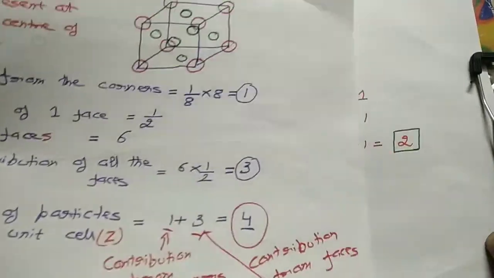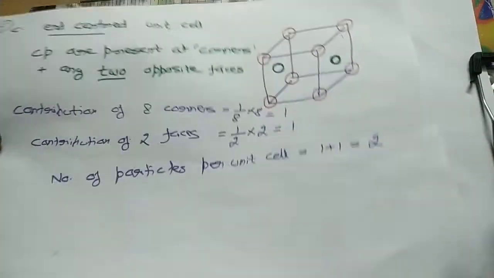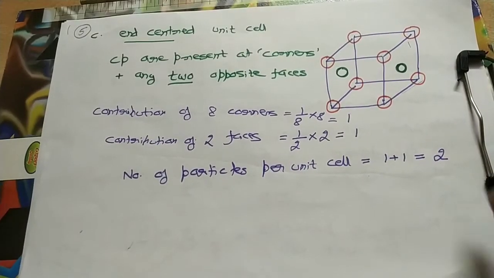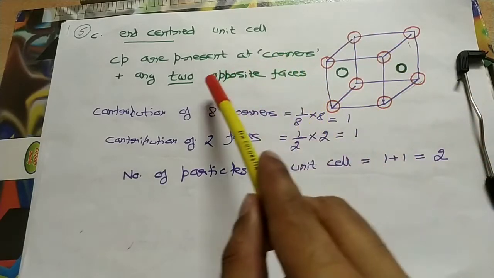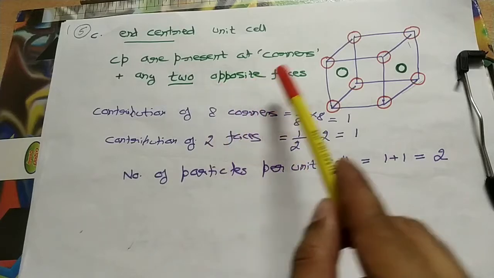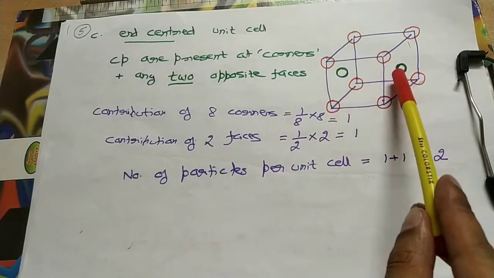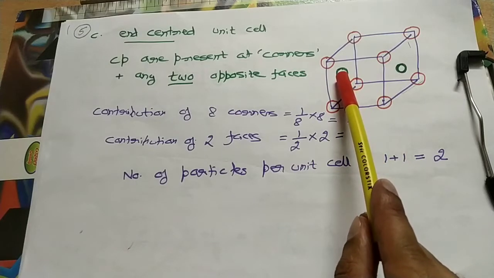Next case is of end-centered unit cell. In end-centered unit cell, constituent particles occupy corners and any two opposite faces. Just like this. Green one, इस पे concentrate करो. एक wall पे center में present है.